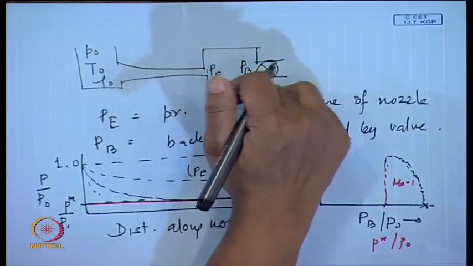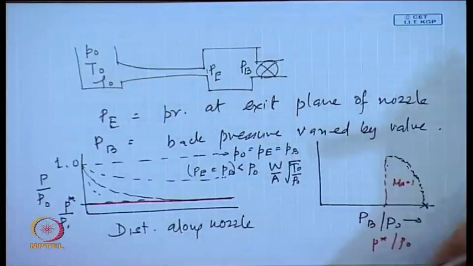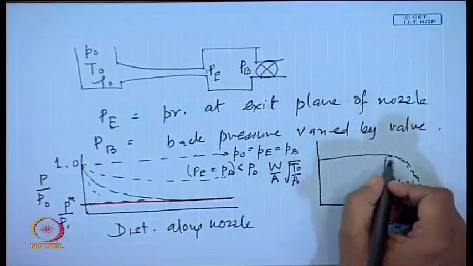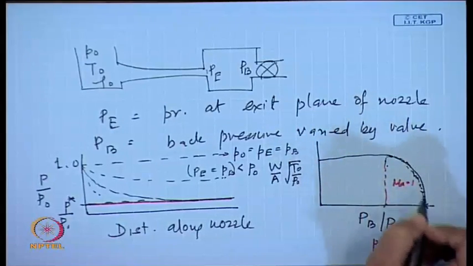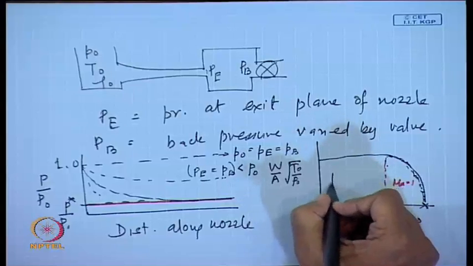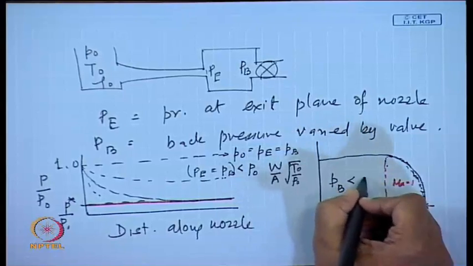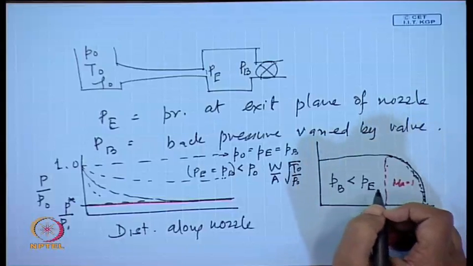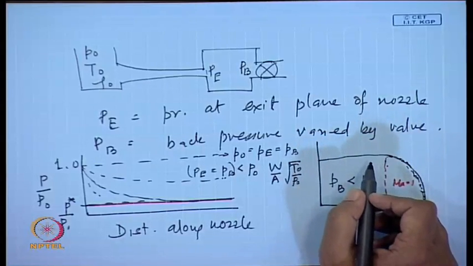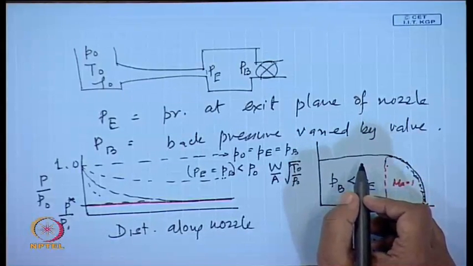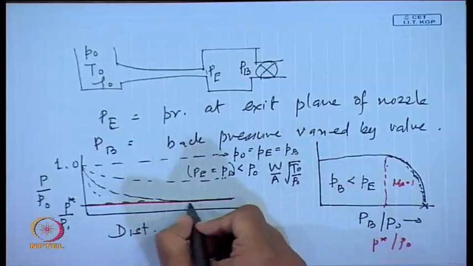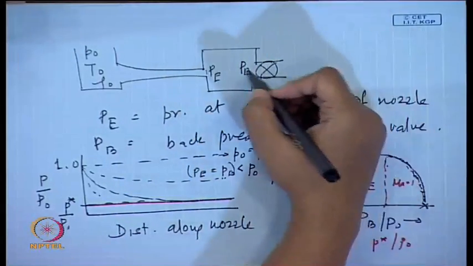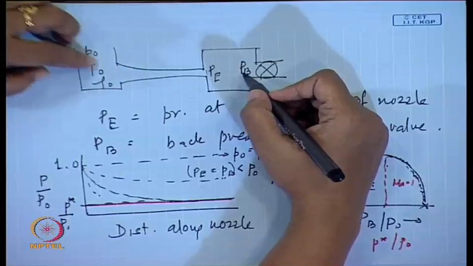Since P_E cannot be reduced any further, the flow rate cannot be increased any further, the flow rate becomes constant after this. This is what we find when P_B is less than P_E. We cannot increase the flow rate any further.